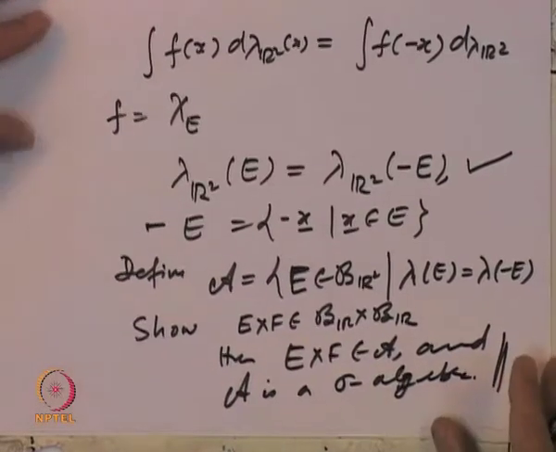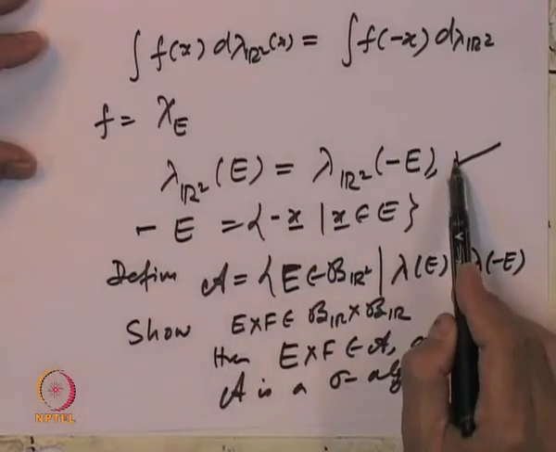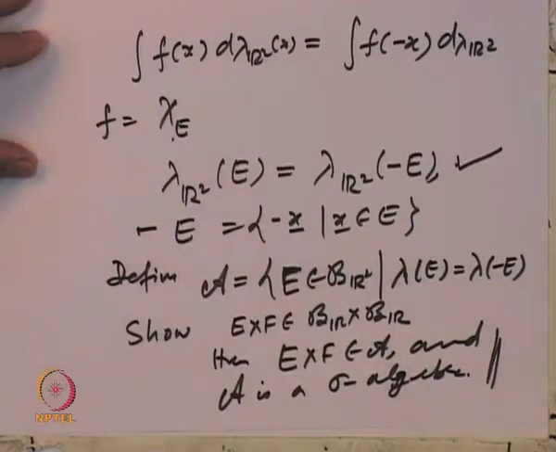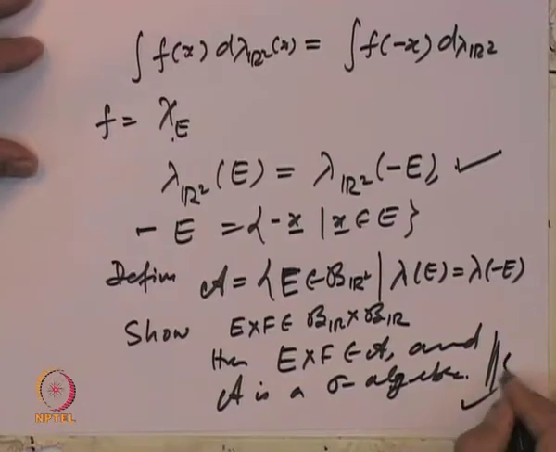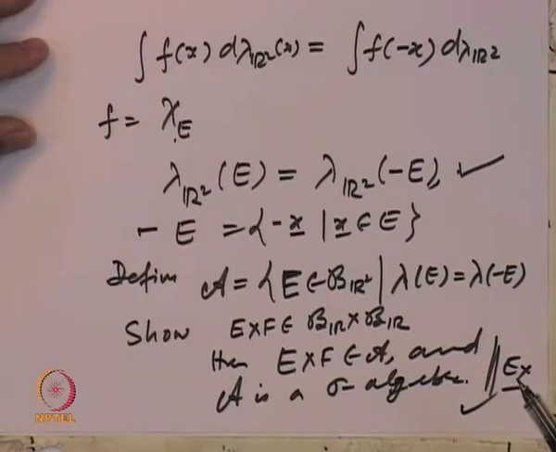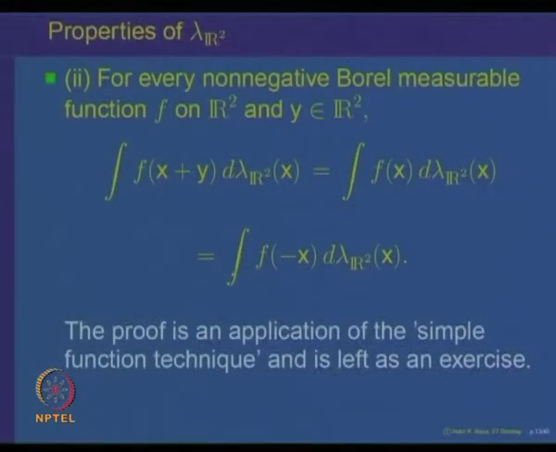Once again, if these two steps are proved, that will prove that this claim holds for every Borel subset, and hence for the indicator function of a set E. We leave it as an exercise, once again a straightforward verification. Once that is done, that will prove the second equality also.